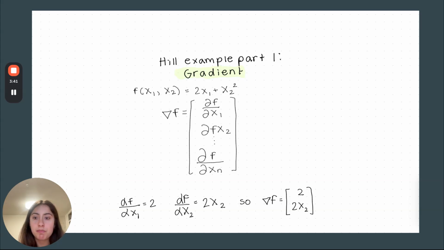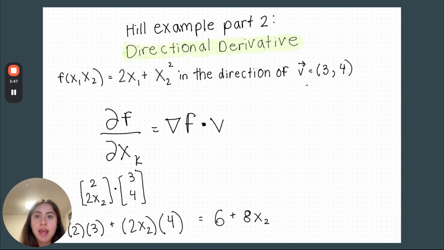This is important because we can use it in the next part of our problem, where we want to determine how steep the hill is in a very specific direction. To do this, we use the directional derivative.